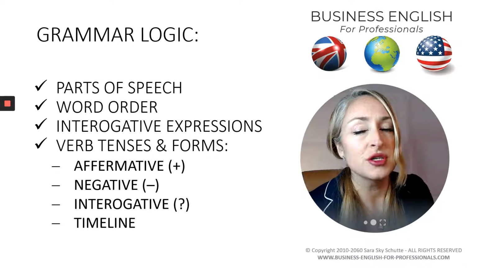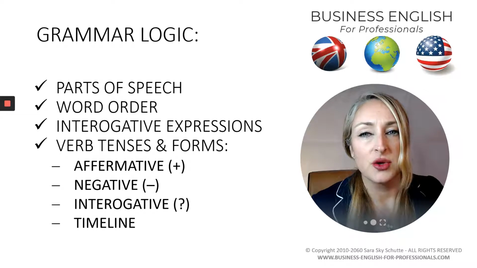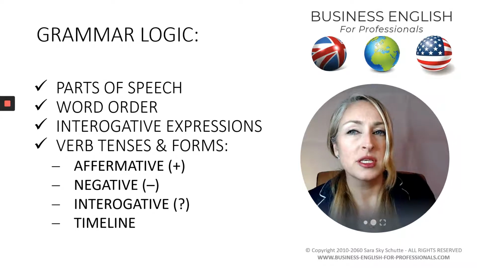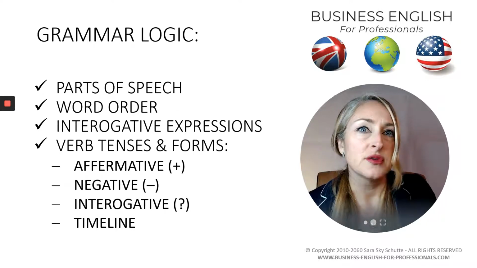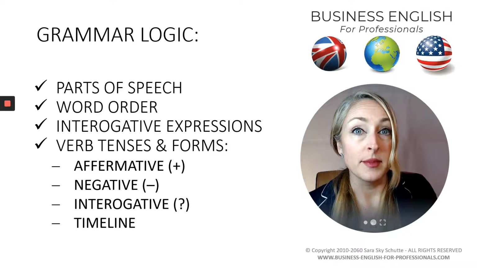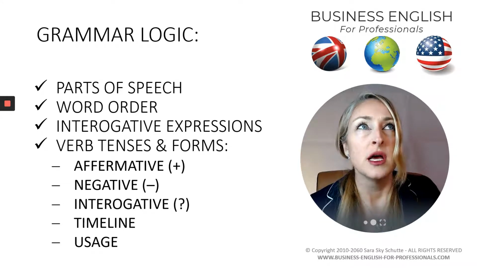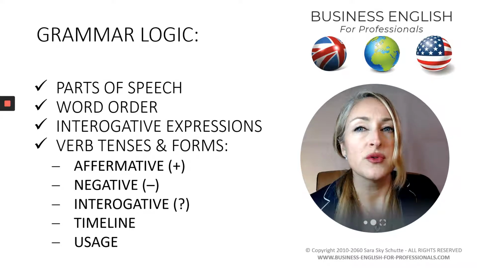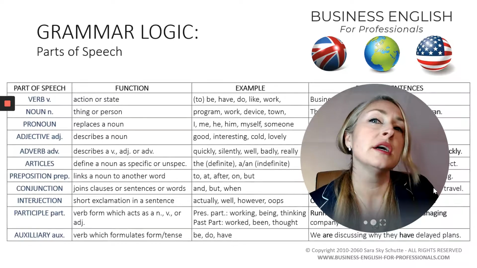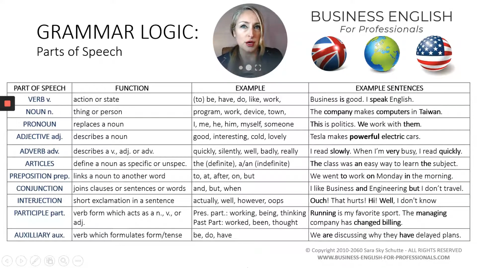Timeline, English is very sequential, so everything has to do with a sequence and how it falls on the timeline and how you're expressing actions versus facts versus states of being, etc. And then, of course, related to a timeline, the usage, so how you use each of these verb forms and some comparisons between two different forms so you understand which one to choose. So that's grammar logic.